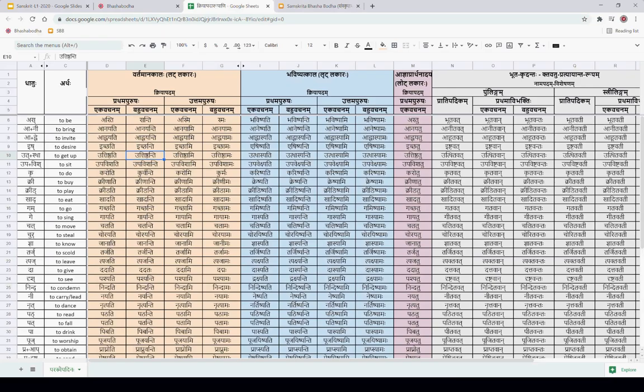Okay, so I was talking about this. Most of the verbs you see here, if you look at the Vartamana Kala, Prathama Purusha, Ekavachanam and Bahuvachanam, column D and E. Let me make it a little bit bigger.